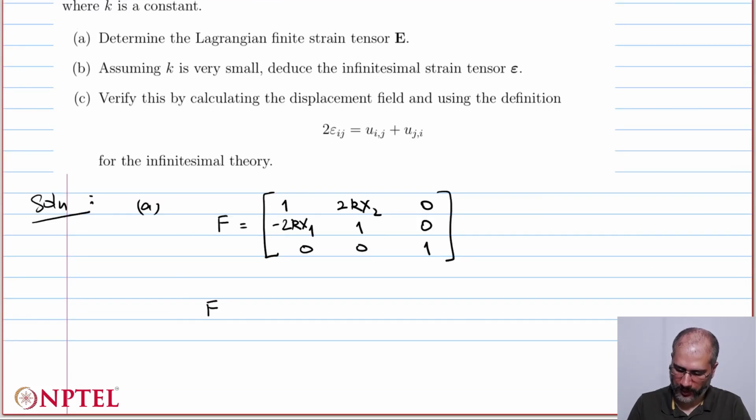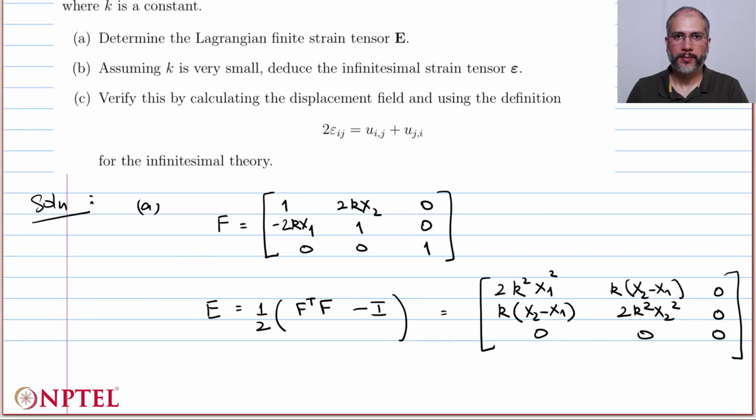And then the Lagrangian finite strain tensor is defined as half of F transpose F minus I. So when we substitute the expression for F, we get this form. So this completes part A.